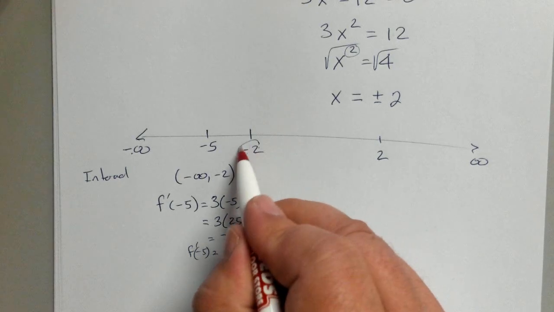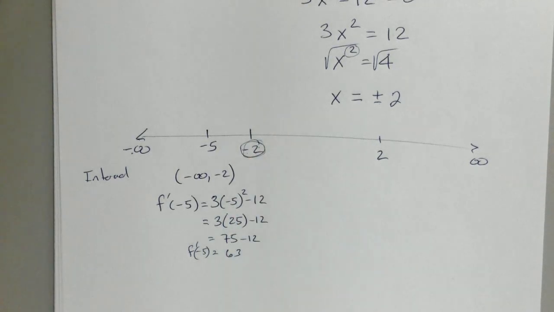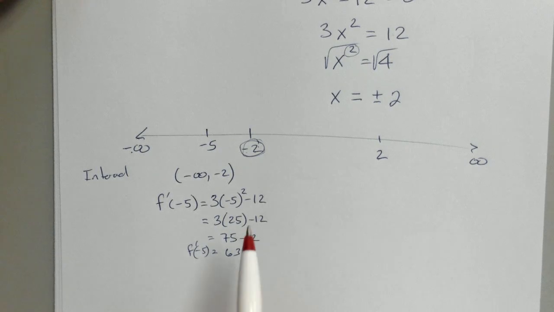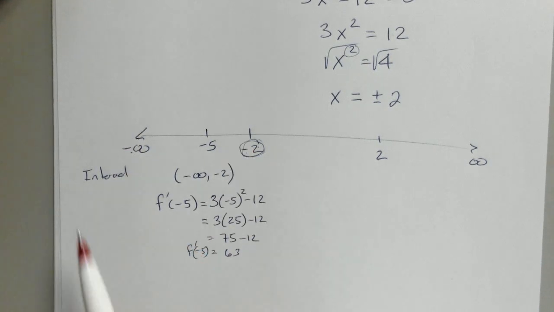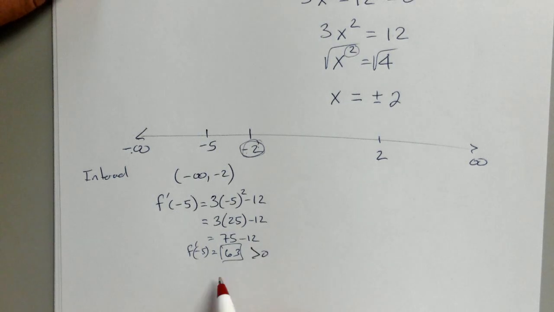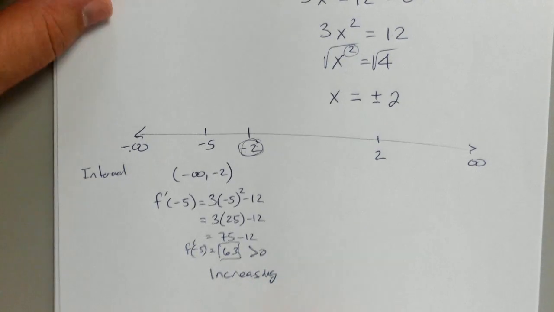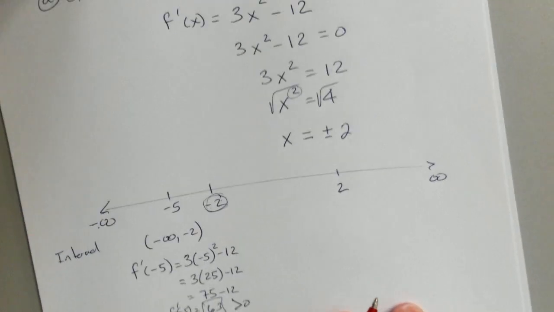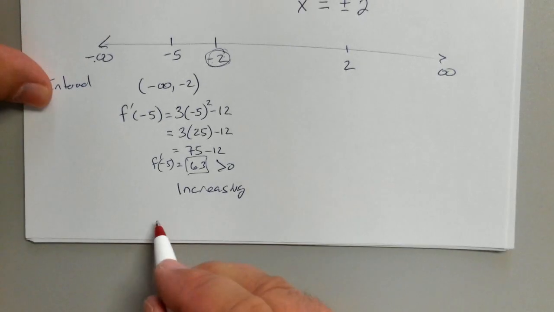Since we know that negative 2 is a vertex, everything to the left of it will have to have the same sign. Since this is positive, what's happening on the left side? It's greater than 0, so it's increasing. We know the graph on the left side is increasing.